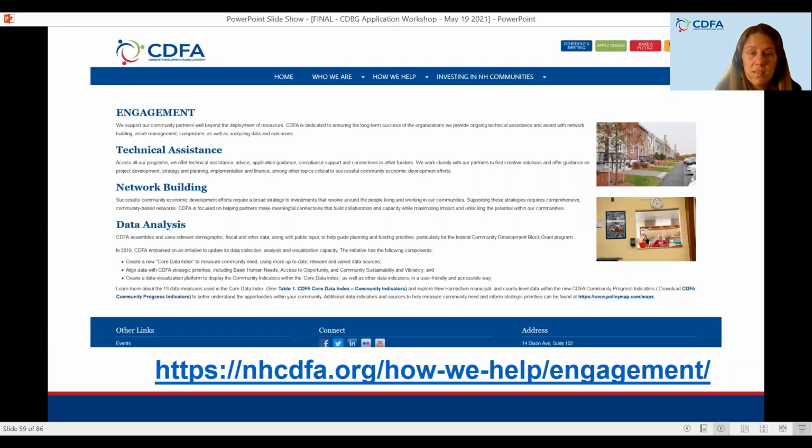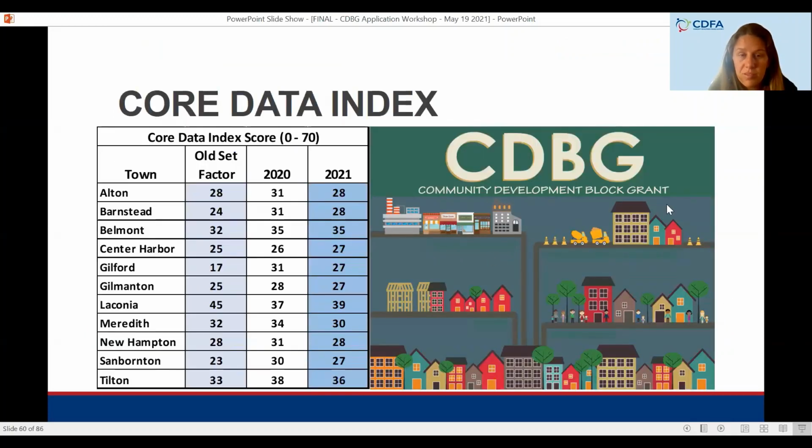And we use this index, which is a combination of those 11 data points, to create an index score for each community. And that score for CDBG is up to 70 points, and it's called the Core Data Index. This replaced what we called in the past the set factors.